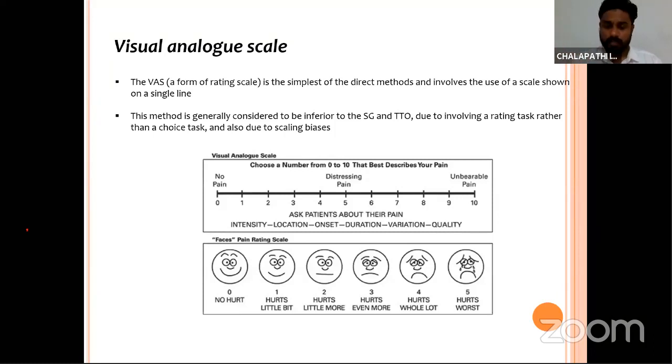DALY is disability adjusted life years. The difference is that in QALY, the maximum point is given to the best health status. But in DALY, the maximum point is given to the worst health status. So here it is a DALY. You can see that unbearable pain is the maximum score, so it is a disability.